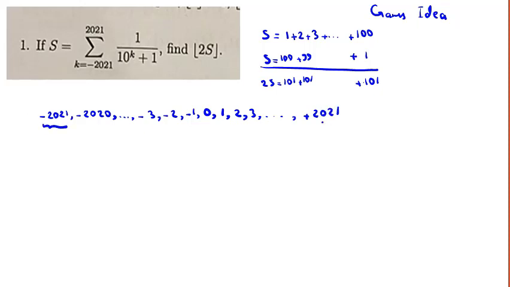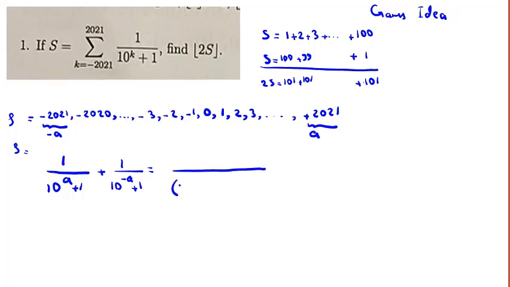Now I consider this one with this one and say, okay, for example, it is a, it is negative a. 1 over 10 to the power of a plus 1, plus the first one, last one, like here, 100, write it in reverse order. For example, this one is s. If you write it in reverse order, then it will be 1 over 10 to the power of a plus 1 plus 1 over 10 to the power of negative a plus 1. If we add up these two terms, let's see what we have.